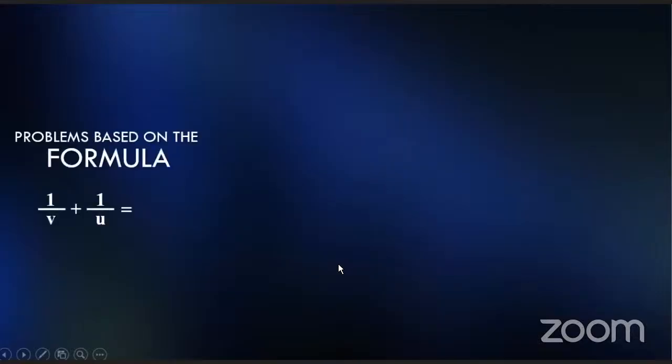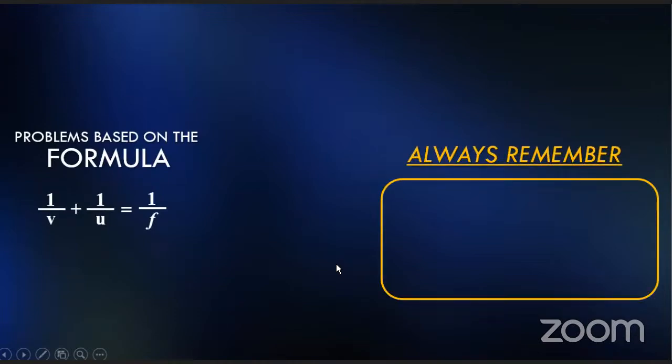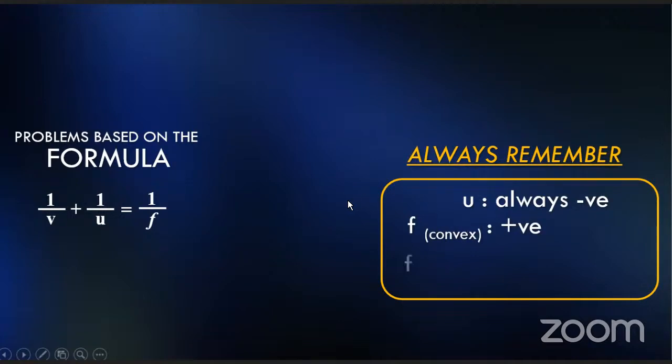We'll discuss at least 4 to 5 problems based on this mirror formula now. Always remember: U is always negative. F is always positive for a convex mirror, and F is always negative for a concave mirror. These points are very, very important.